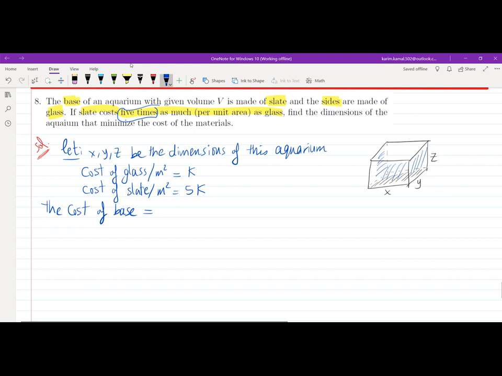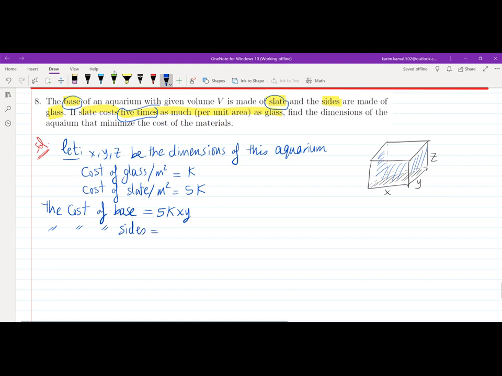And we know that the base is made of slate, so we multiply this area by 5K, so it will be 5Kxy. And the cost of the sides, if you imagine with me, we have two opposite faces.